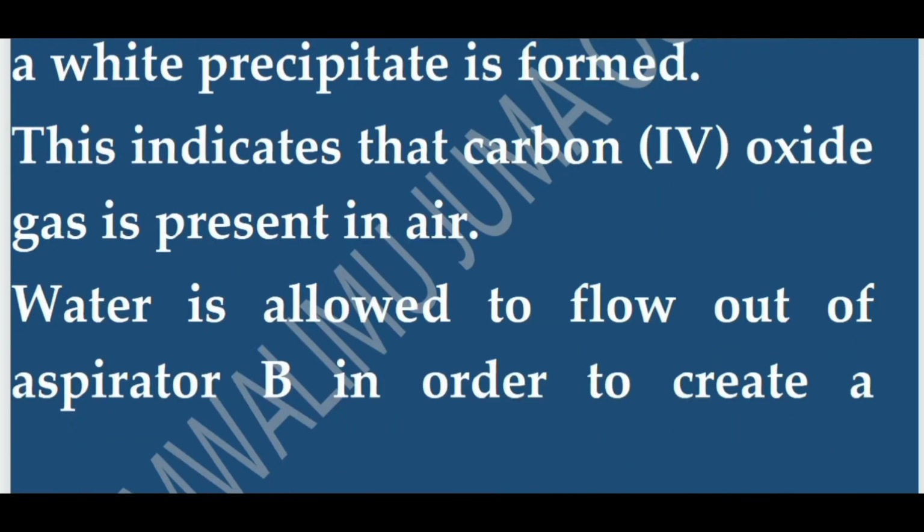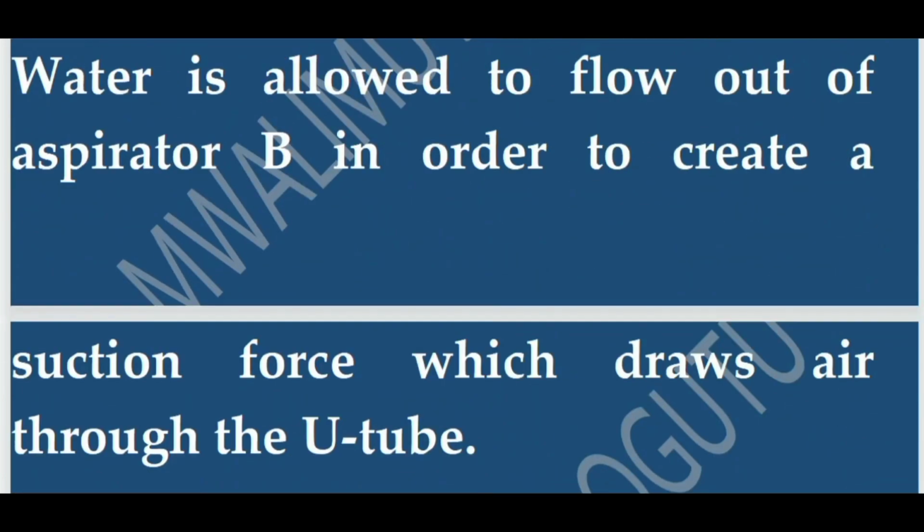Now to the second experiment, where water is allowed to flow out of the aspirator B in order to create a suction force which draws air through the U-tube. Remember, the U-tube is connected to the aspirator B that has water.